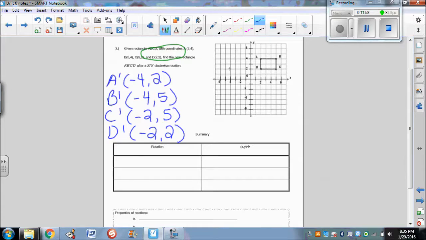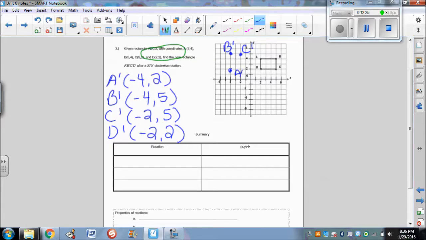So -4, 2, -4, 5. Whoops, I gotta go up. -4, 5. There we go. -2, 5.